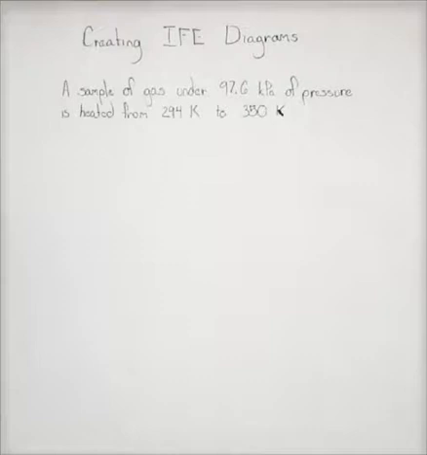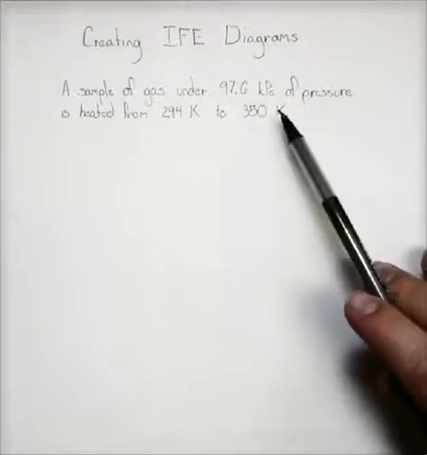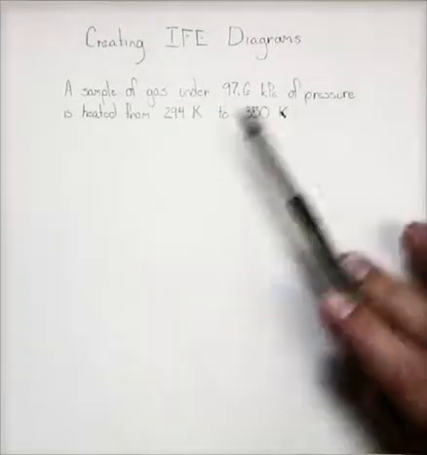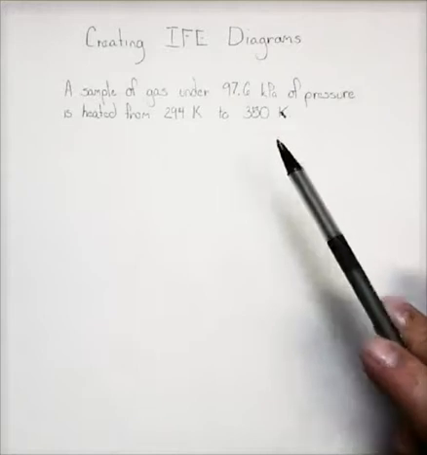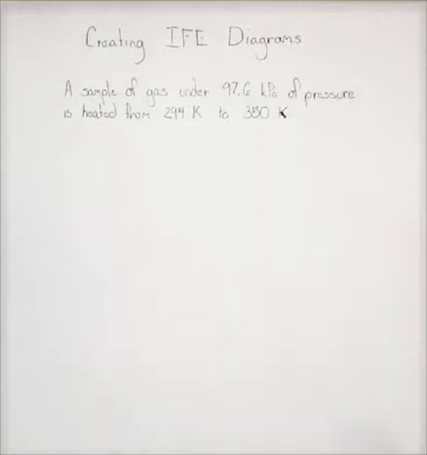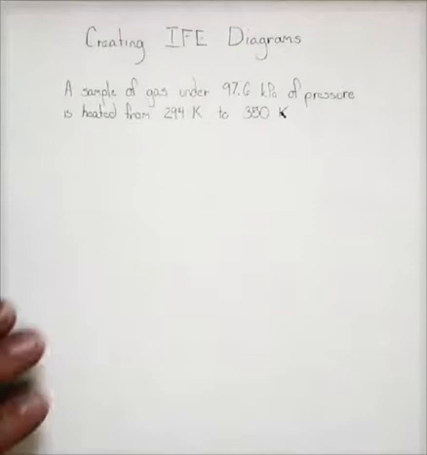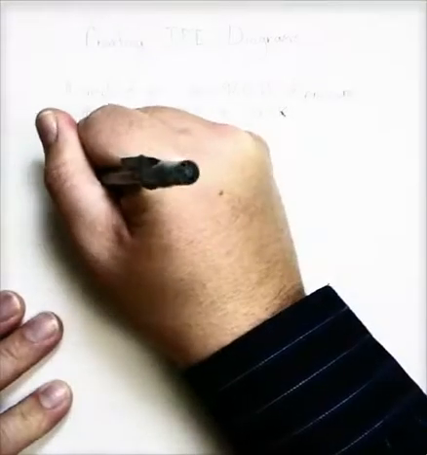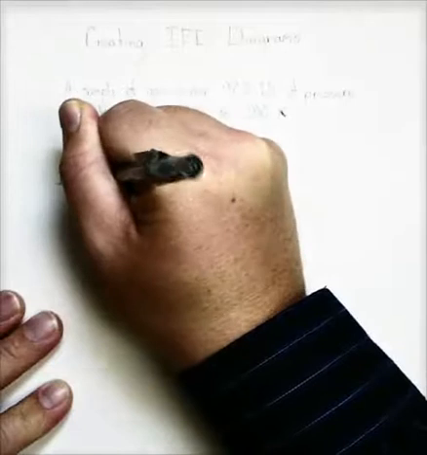And what we're going to eventually start doing is solve and figure out exactly what the new pressure is going to be here, assuming that everything else stays constant. But before we do that, let's create these charts. So first, let's figure out where the name comes from. The I stands for initial.